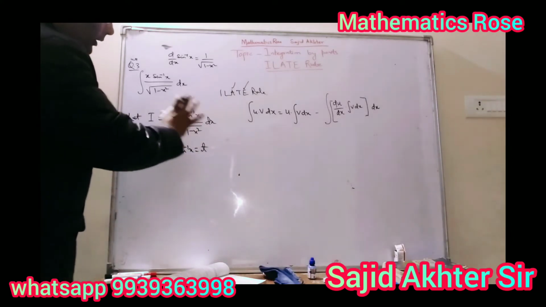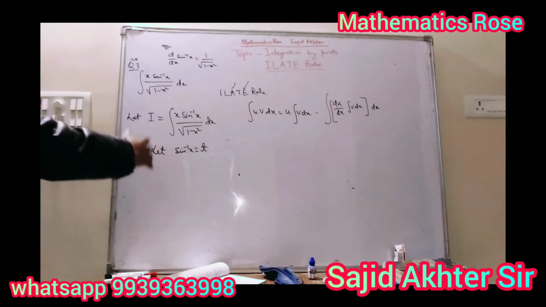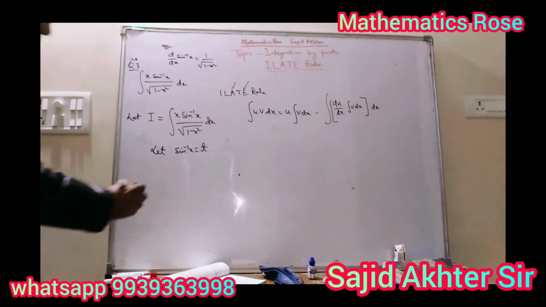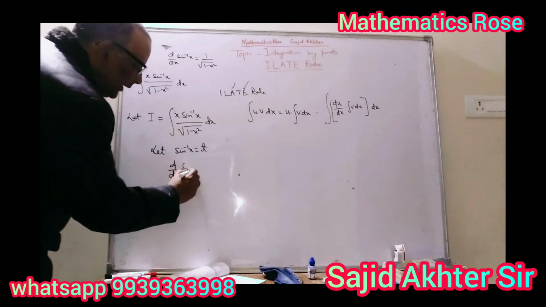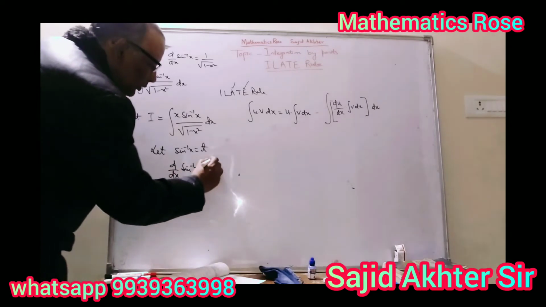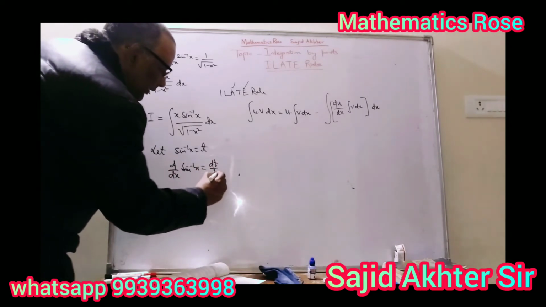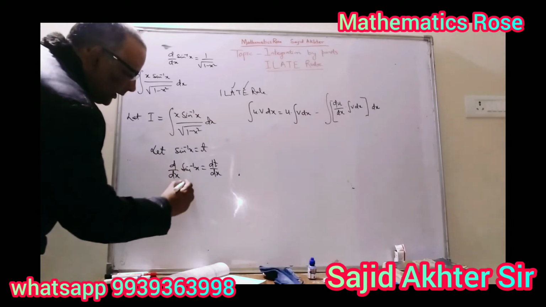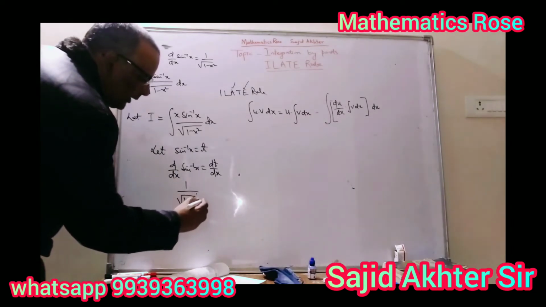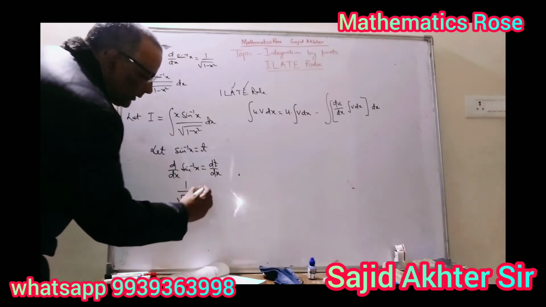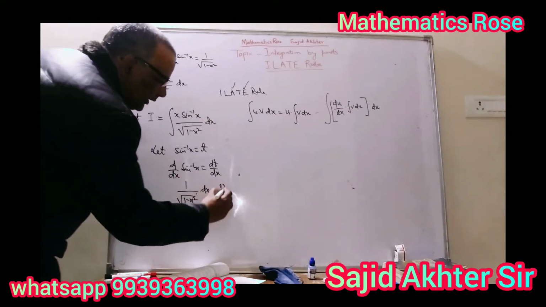Now we will convert the whole integration in terms of t. So now differentiate both sides with respect to x. The differentiation of sin inverse x is 1 upon root under 1 minus x square dx, which we will take on this side. So this is dt.